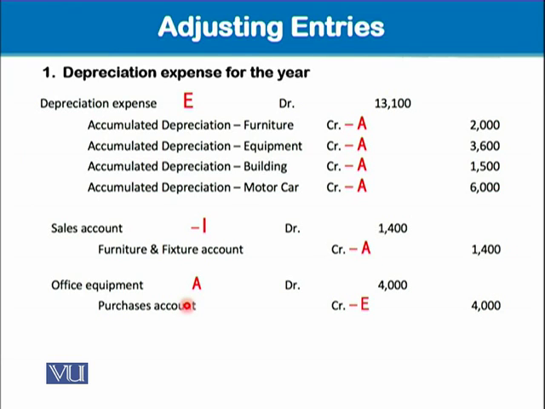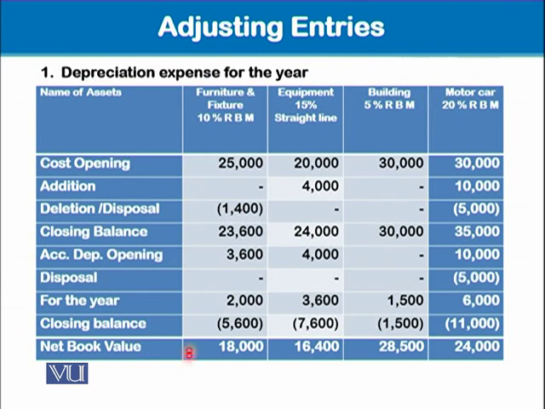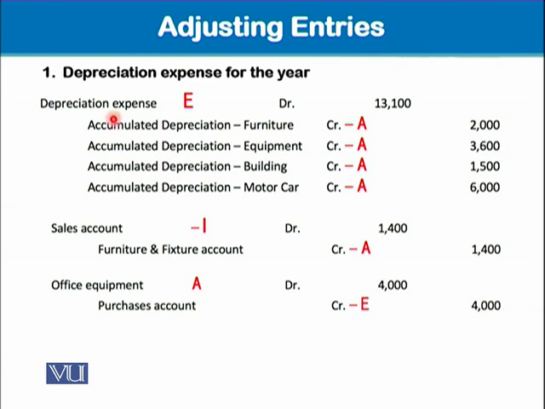So the accounting entry that we will be passing for this is depreciation expense debit and accumulated depreciation for each asset credit. If you see, this 2,000, 3,600, 1,500 and 6,000 is the same that we had over here. So this depreciation expense for the year would be taken from this schedule, from this table, and placed in this depreciation accounting entry.